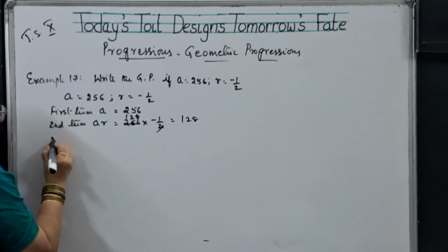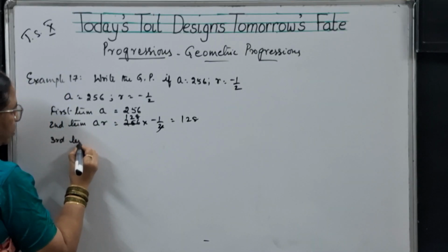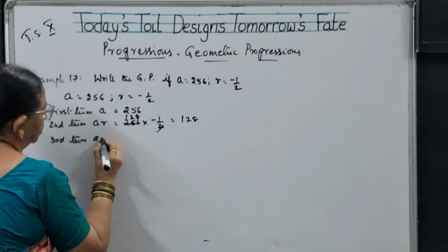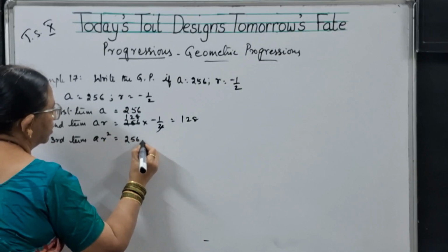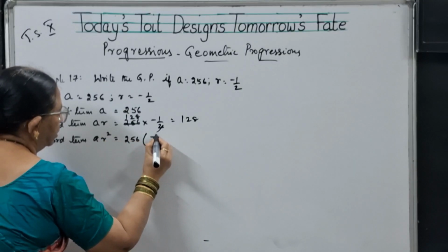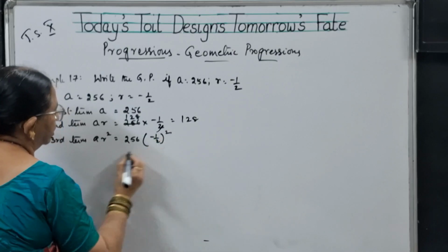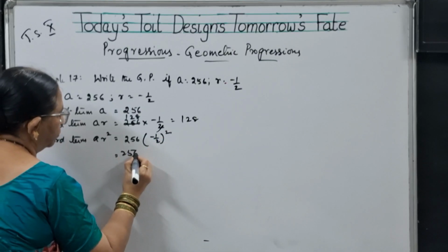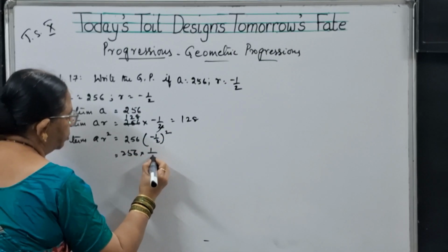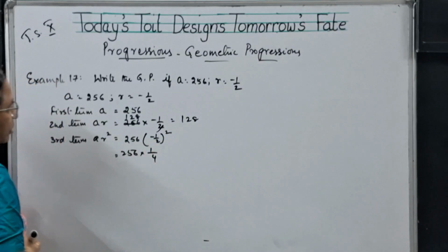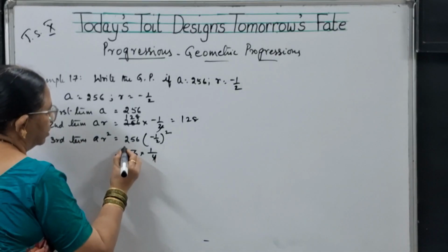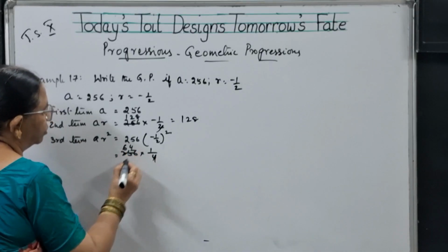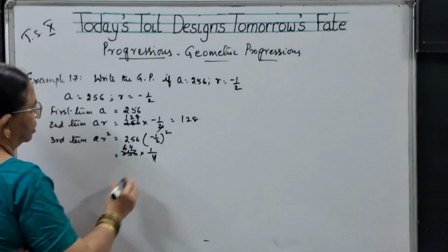Then what is the third term? Third term is A into R square, that is 256 into minus 1 by 2 whole square, that is 256 into 1 by 4. Minus into minus becomes plus, children. 1 by 4 means 4 6s are 24, 4 4s are 16.